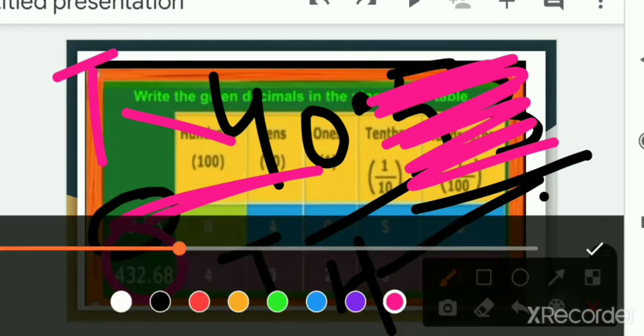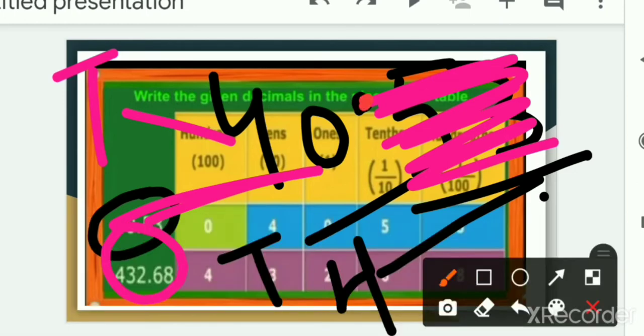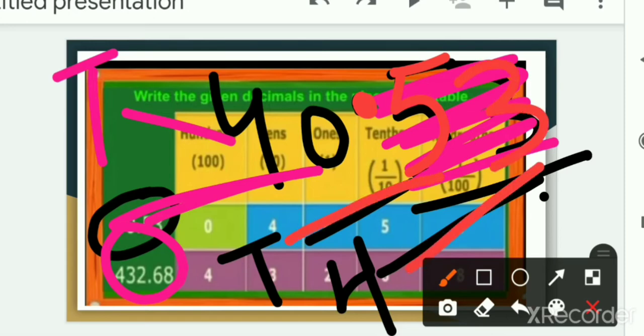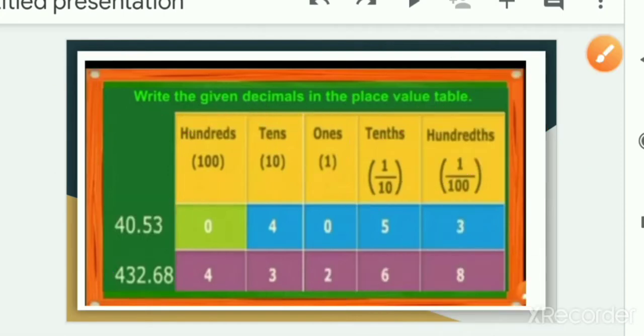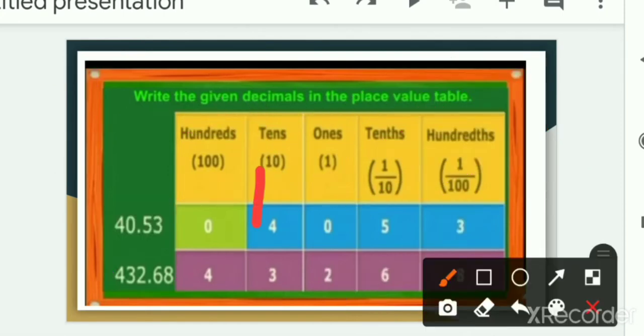But if the decimal point is given, and 5 and 3 are written after it, this is the tenths place and this is the hundredths place. Okay, yes. So we have 4 in the tens place, 0 in the ones place, right? After the decimal point we have 5 in the tenths place and 3 in the hundredths place, right? Yes. So 0.5 means 5 is getting divided by 10.